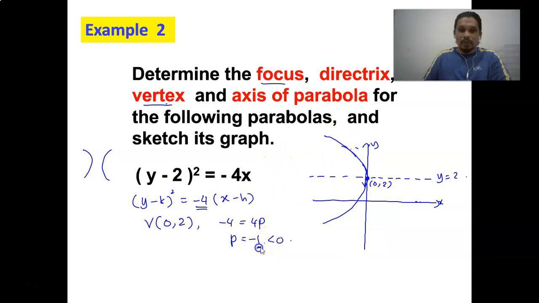From the vertex at 0, we move 1 unit to the left, which is negative 1, so this is the coordinate of the focus, which is (-1, 2), and 1 unit to the right.